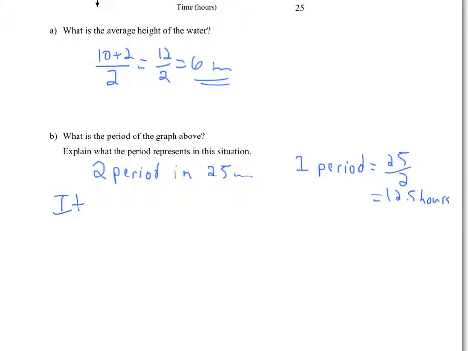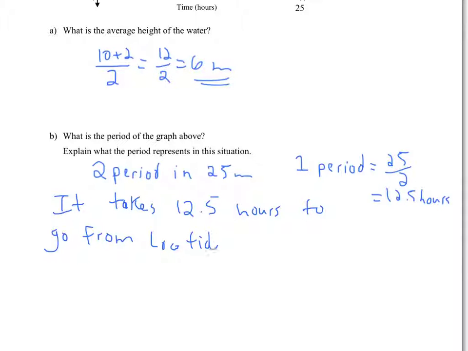It takes 12.5 hours to go from low tide and return to low tide. What you don't want to say is high tide to low tide. High tide to low tide is half a period, which would be 6.25 hours.